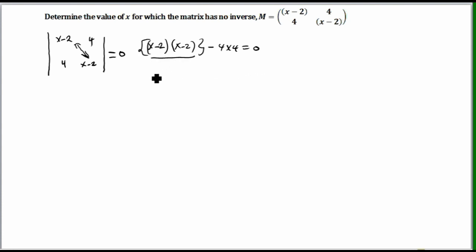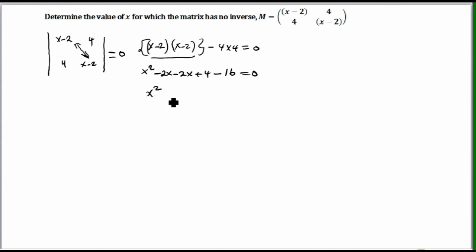Let's expand here. x times x is x squared. x times negative 2 is negative 2x. Negative 2 times x is negative 2x. Negative 2 times negative 2 is plus 4. Then subtract 4 times 4, which is 16, equals 0.